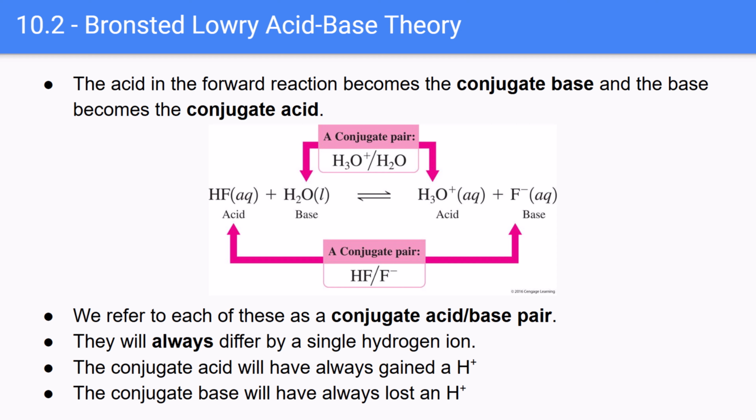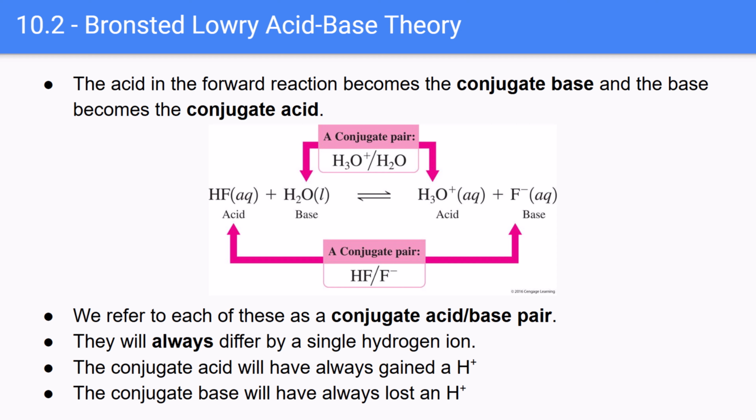So the acid in this, which is HF, becomes the conjugate base, which is F-. And the base, which is H2O here, becomes the conjugate acid on the right-hand side.